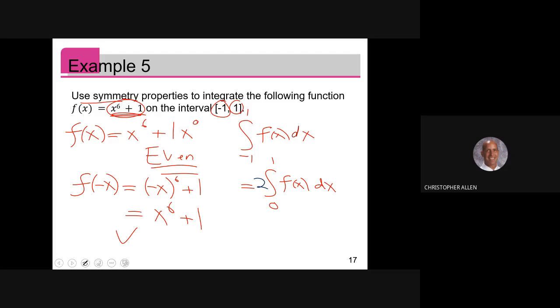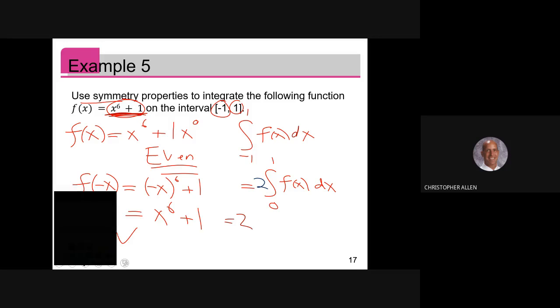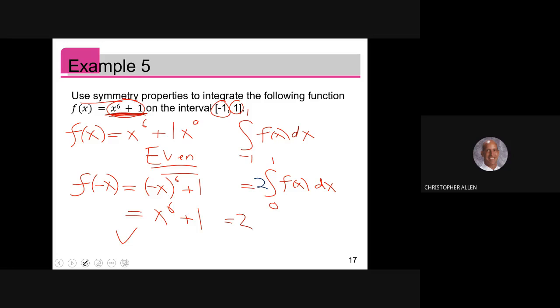But anyways, in this case, what is the antiderivative of x to the 6th plus 1? Yeah, we're going to use our power rule, right? So what do I do with the 6? I add 1, so 6 plus 1 is 7. Divide by 7. What's the antiderivative of 1? Hopefully you know that's x.